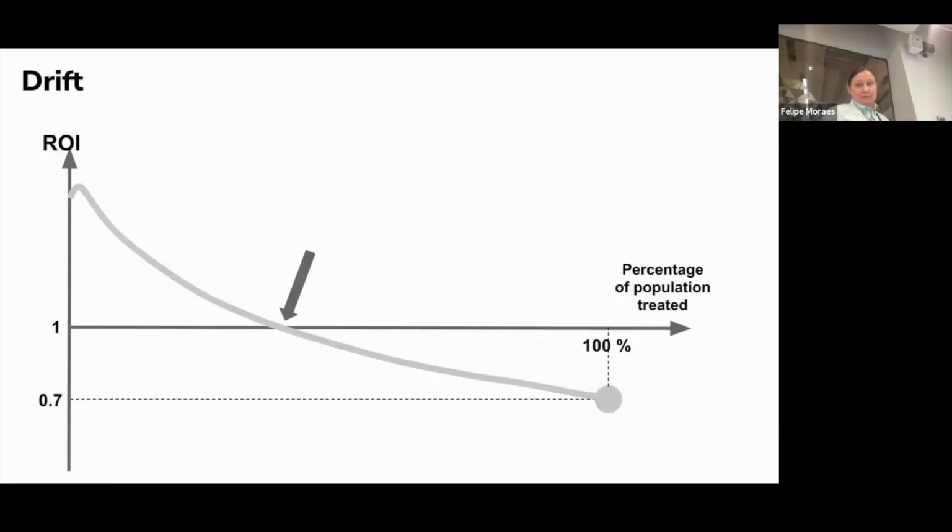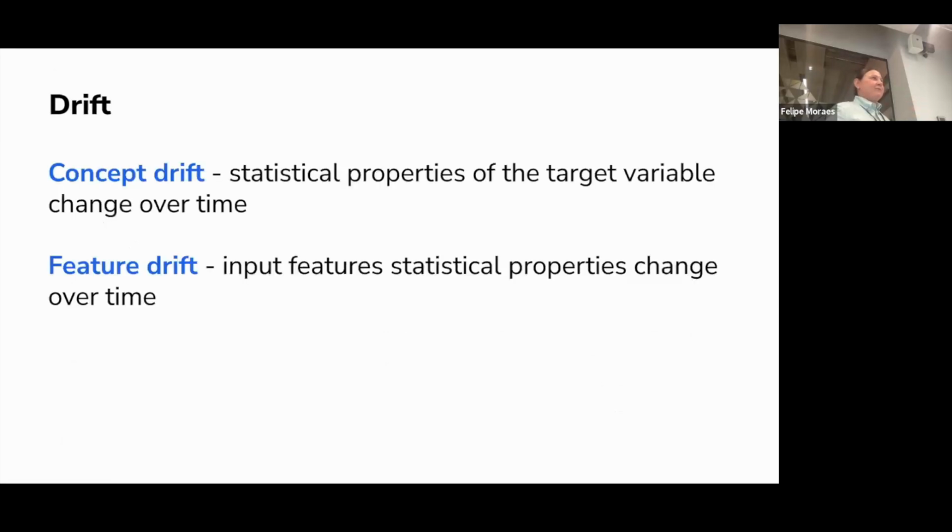The next surprise is that your model is pretty nice, you put it into a production setting, and after that, due to drift, things change. There are two types of drift. One type is when your target and your features do not have the same relationship as they had before, or even the meaning of your label is different.